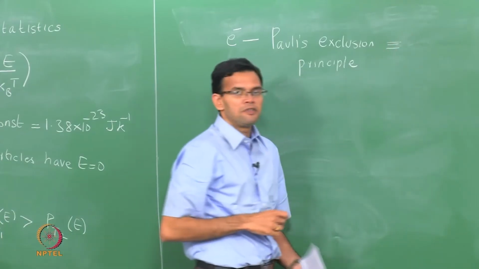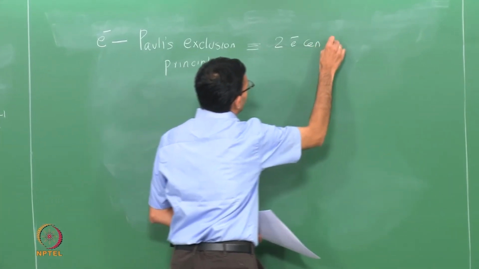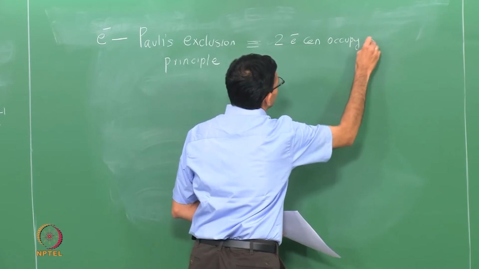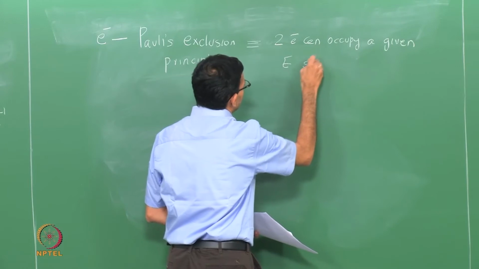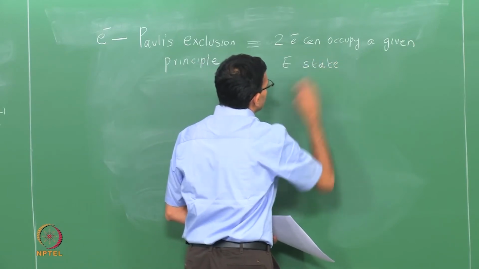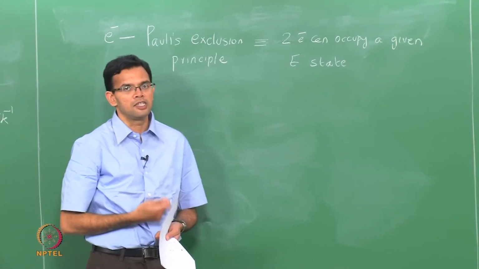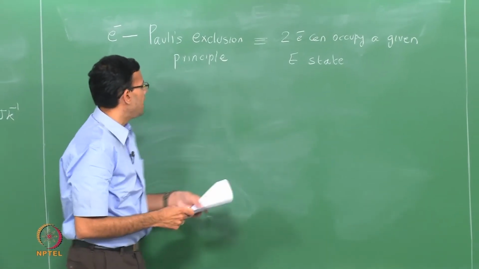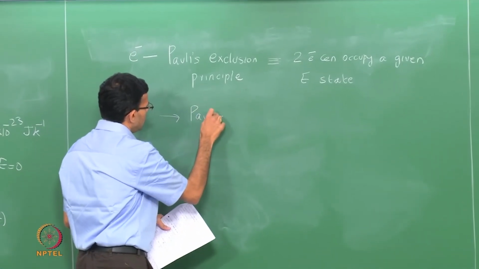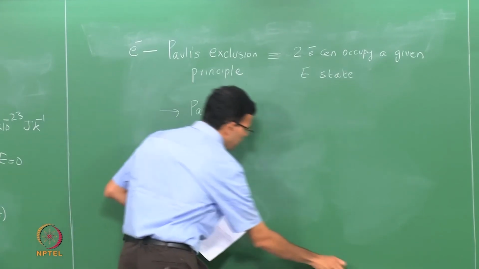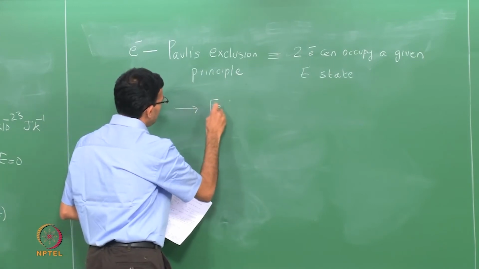This translates into the fact that only 2 electrons can occupy a given energy state. This is the concept that we used when we derived the density of states earlier as well. Because of this, electrons obey another set of statistics called Fermi Dirac statistics.